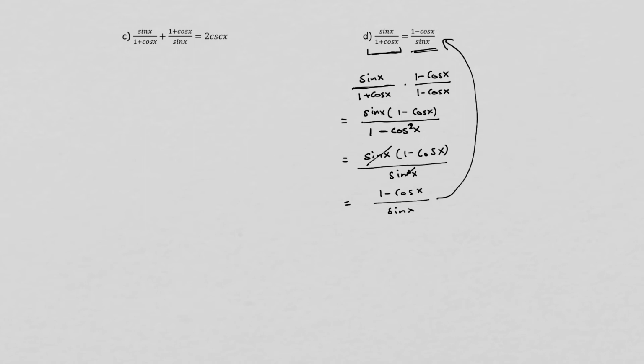So don't forget, if it's a fraction where you have nothing else to do because it's already in simplest form, and it's all sine and cosine, try to multiply by the conjugate of the denominator and see if you get the other side.